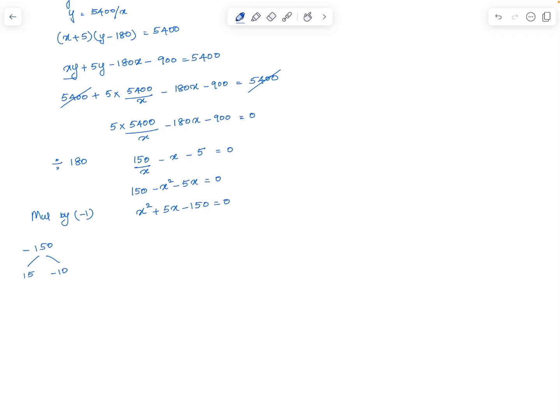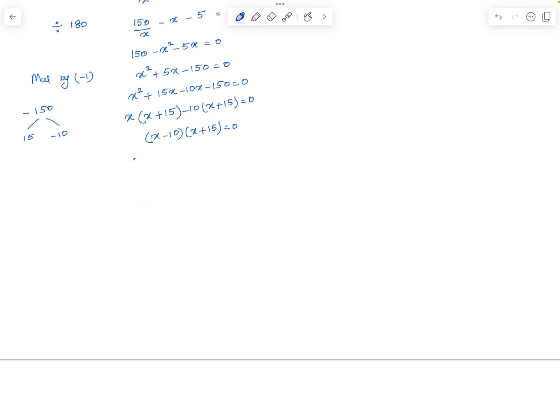The product of these two gives minus 150 and the sum of these two gives the coefficient of the middle term. Now rewriting this equation, x square plus 15x minus 10x minus 150 is equal to 0. That is x minus 10 times x plus 15 is equal to 0. The two values of x are 10 and minus 15.